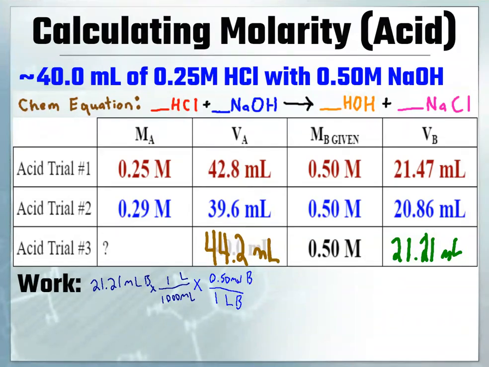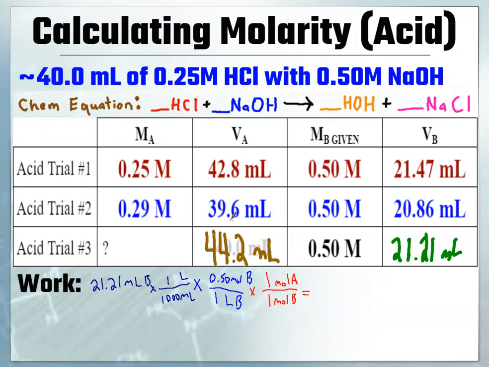Then I use stoichiometry to go from base to acid. This is a 1-to-1 ratio, so for every 1 mole of base, I have 1 mole of acid. That is half of what I need to get the molarity of the acid.